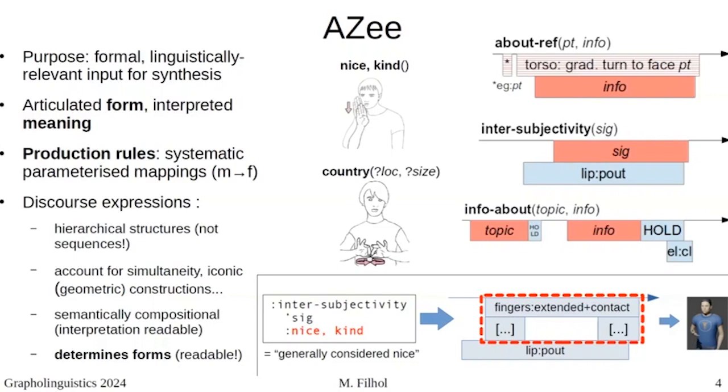Country that we've seen earlier is also a meaningful mapping. But we have optional parameters. We can relocate the country. We can also play on its size because this is kind of iconic of the contour, right? You don't have to, but you can. Indeed, it's not at all frequently done, but you could.